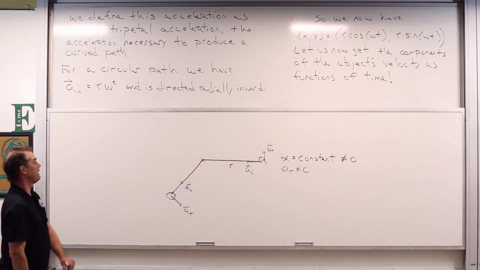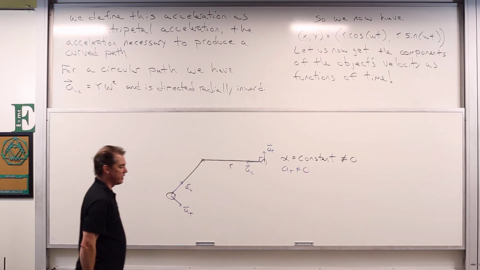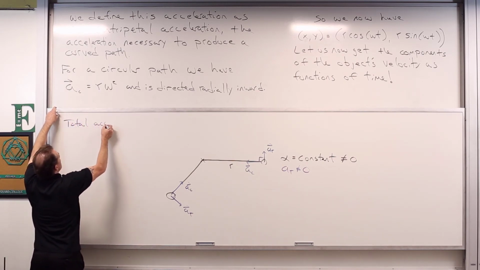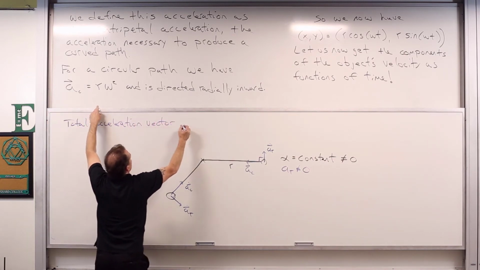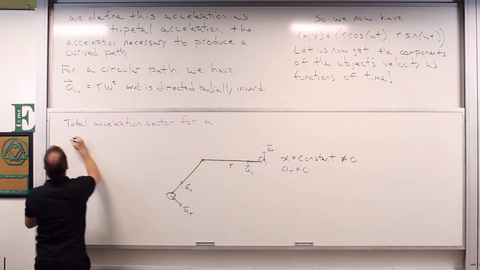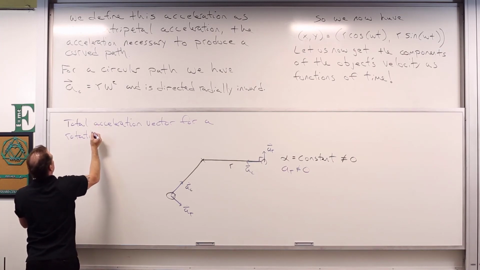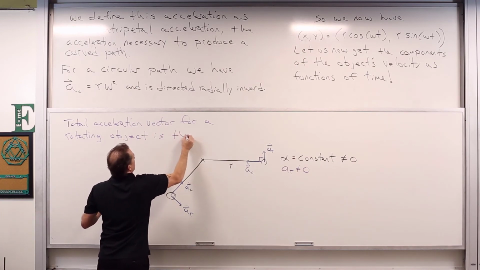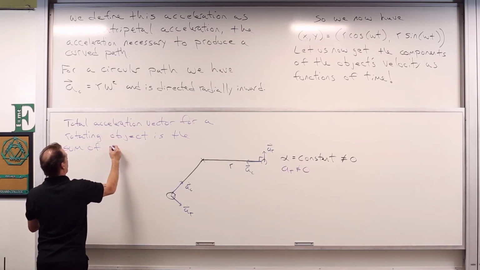So if we want to define a total acceleration vector, it is going to be the vector sum of these two individual accelerations. It's the only accelerations that there are. So the total acceleration vector for a rotating object is the sum of the tangential and centripetal accelerations.